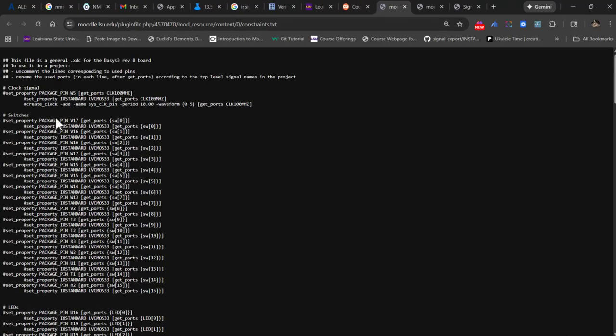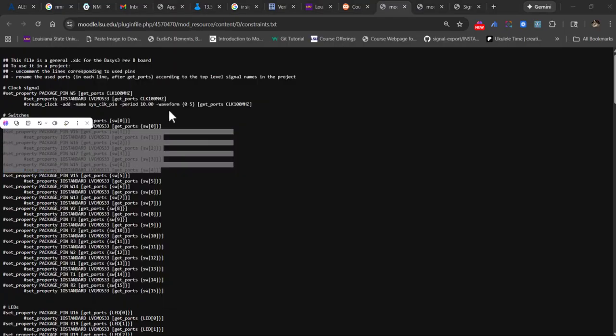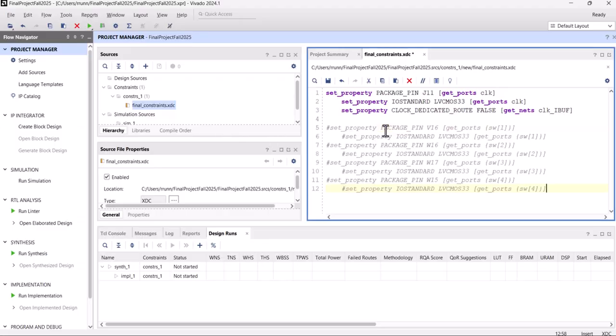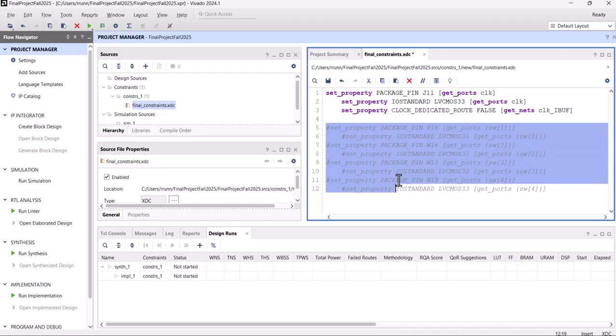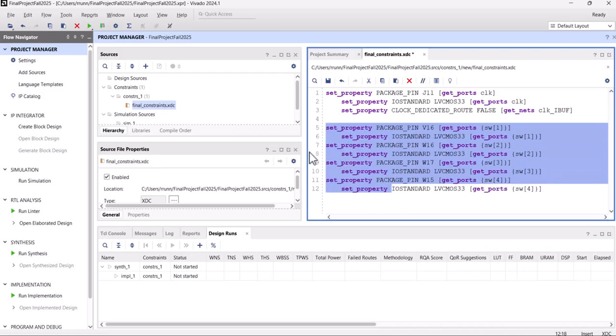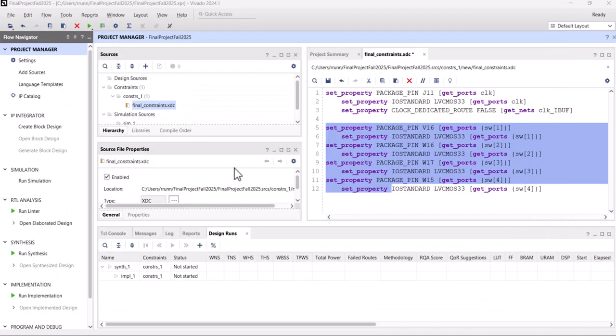I believe it was switches 1 through 4, and LEDs 7 through 10, I think.